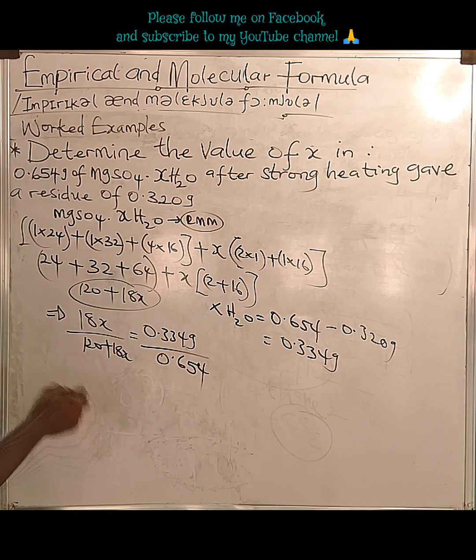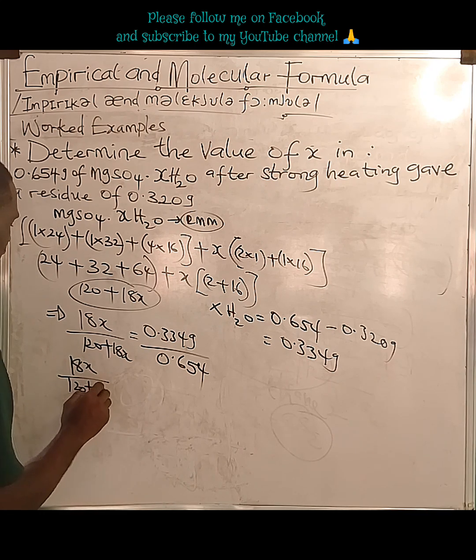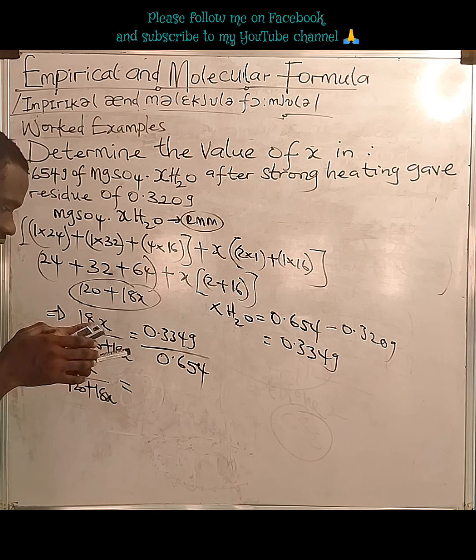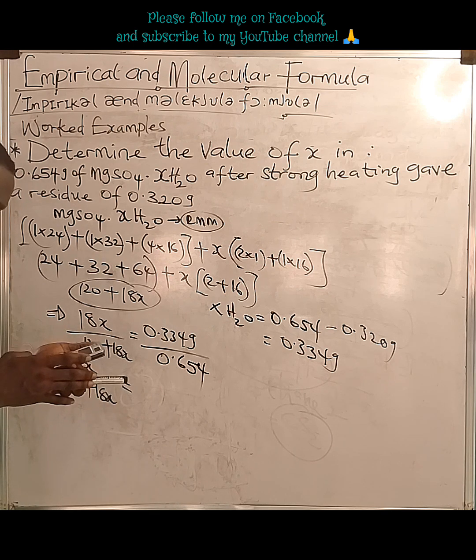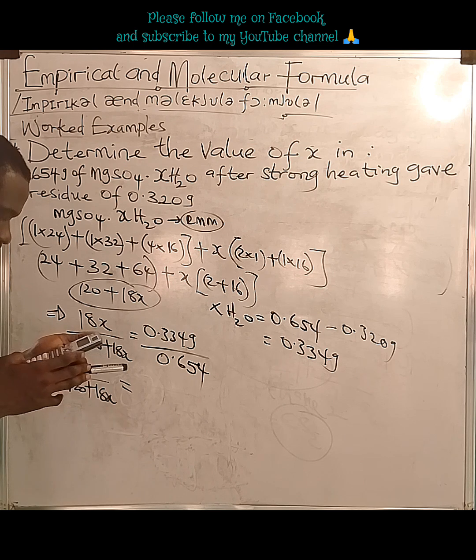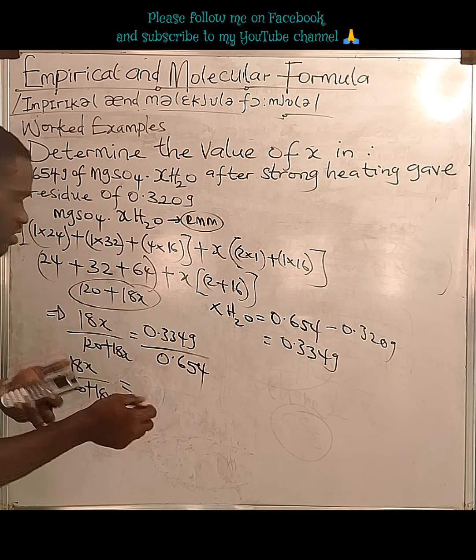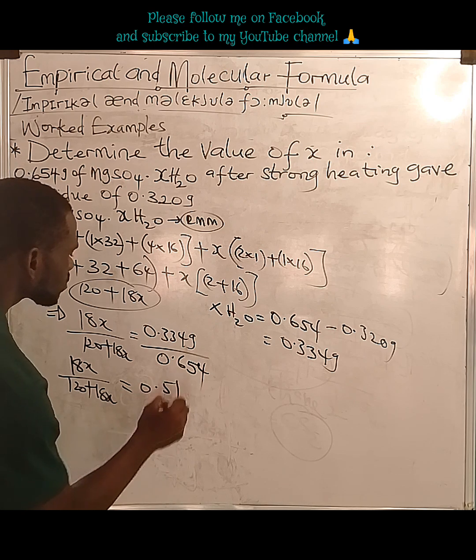So what do we do? 18X over 120 plus 18X equals this, so we're going to divide. Let's divide that right away. 0.334 divided by 0.654 will give us 0.5107, so that's 0.51.